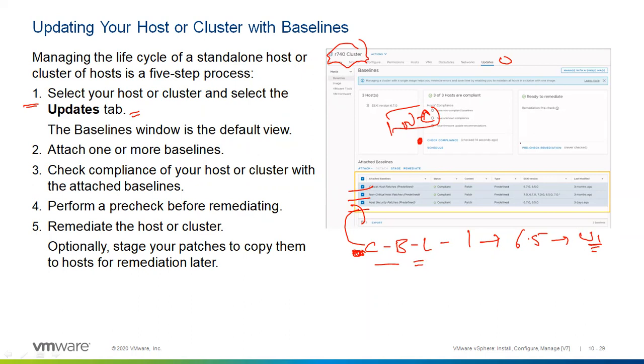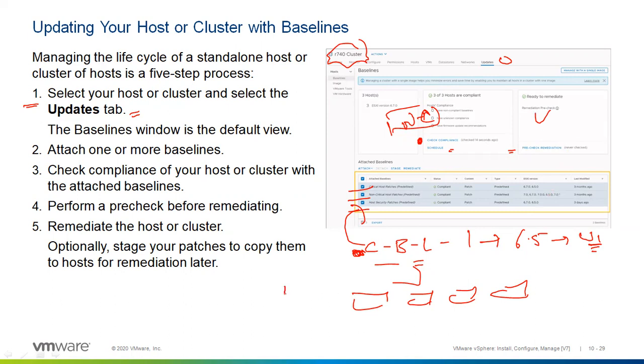Then you follow the pre-check: you can schedule it or do it immediately. Pre-check remediation checks whether your hosts are ready. For example, in my cluster, 4 hosts are ready for remediation. If pre-check remediation is okay, then you start the remediation action.